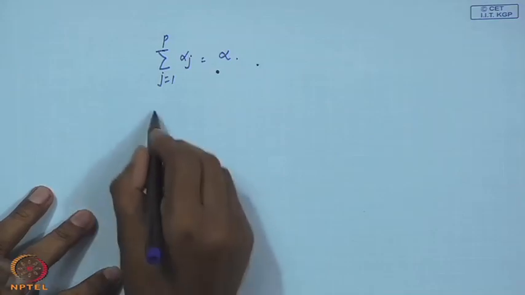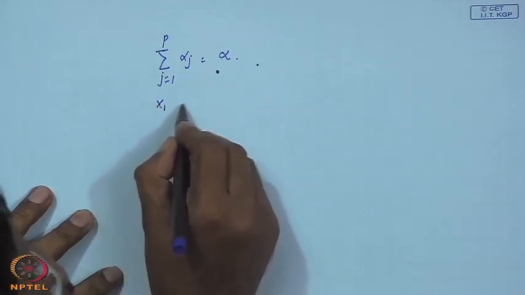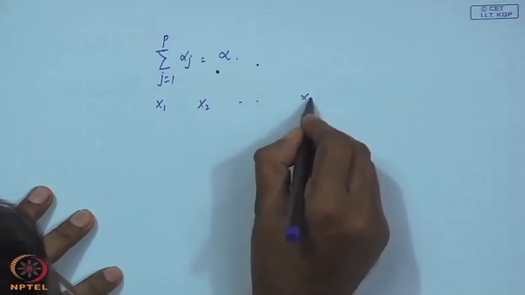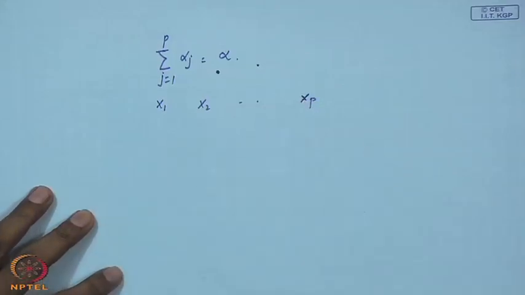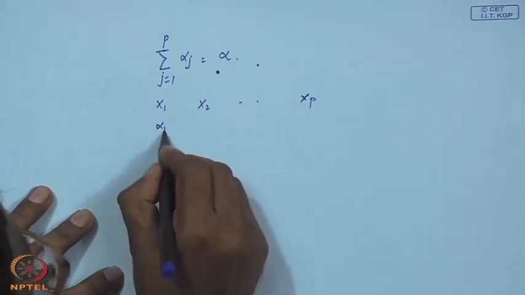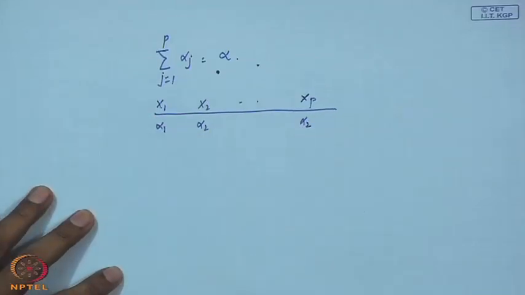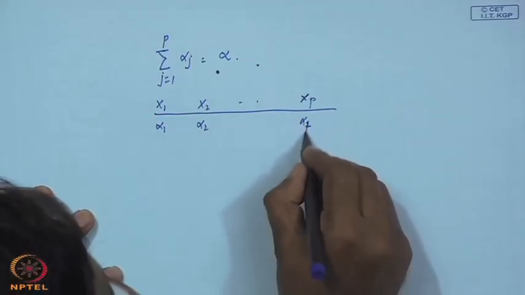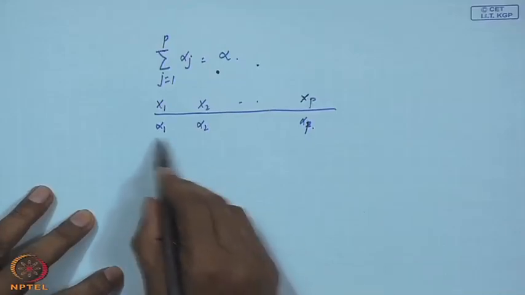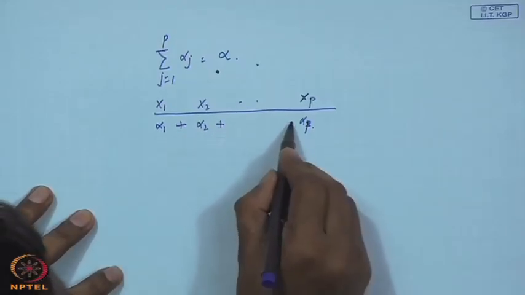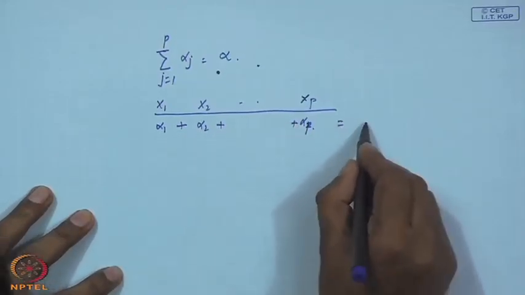What is happening here? Suppose you have p variables x 1, x 2 up to x p. Now, this is alpha 1, alpha 2, you are giving a probability value for each, like this alpha p. Now, my question is this plus this plus this is alpha.